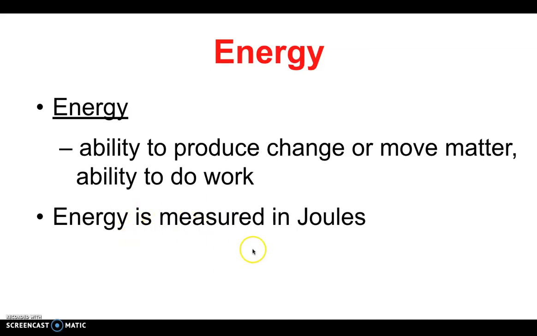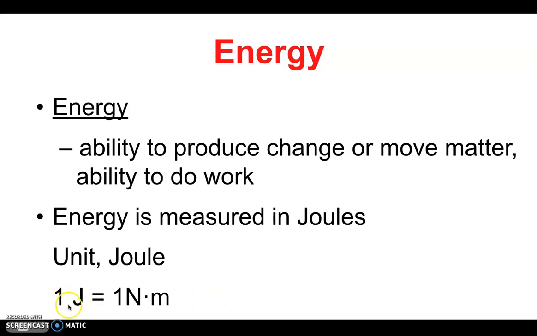Energy is measured in joules. And this is said joules. It's spelled a little bit differently than the sparkly jewels that you might have in jewelry, but it is said joules, and it's the unit for energy, joule. It can be abbreviated with a capital J, and it's made up of newtons and meters, which means that energy has to do with force and distance.